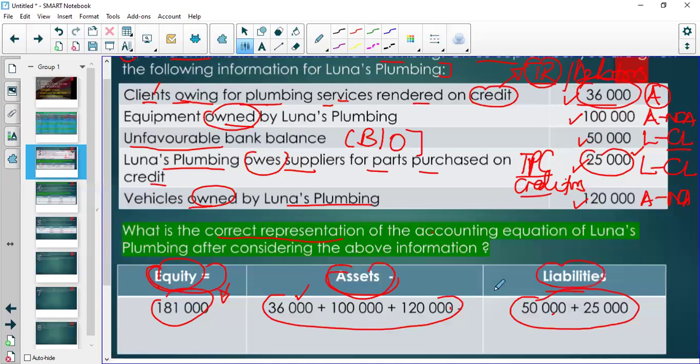So this is one of the questions that was asked previously, where you needed to identify your assets, identify your liabilities, then apply the basic accounting equation to get the total for equity. So this 181 is going to be your total assets here minus your total liabilities, right? So that is our position.